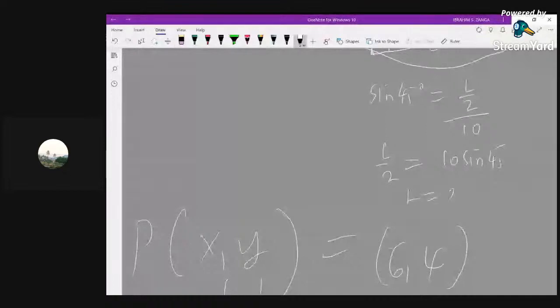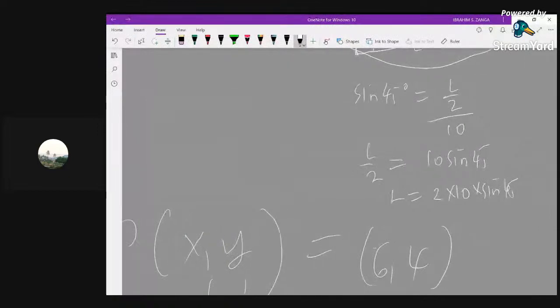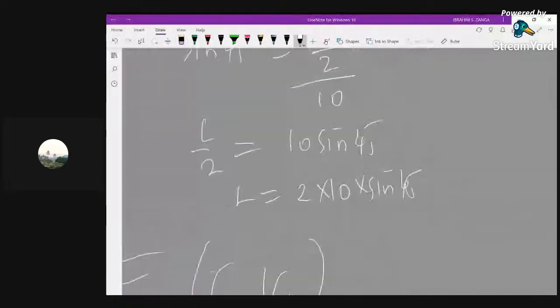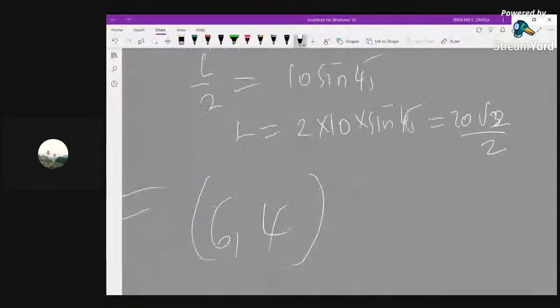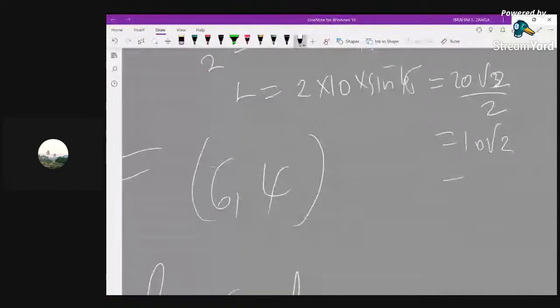Obviously L will be 2 times 10 times sine 45. You simplify here, this is going to be 20 root 2 over 2 equals 10 root 2. We are going to multiply, root 2 is 1.4 something, so obviously the length is approximately 14 centimeters.